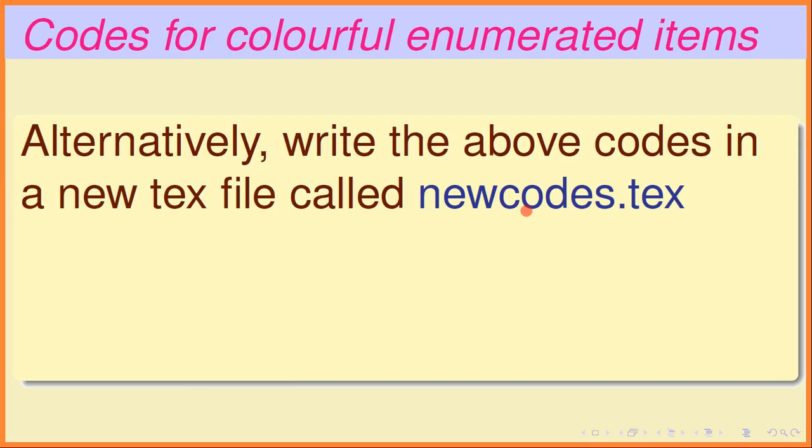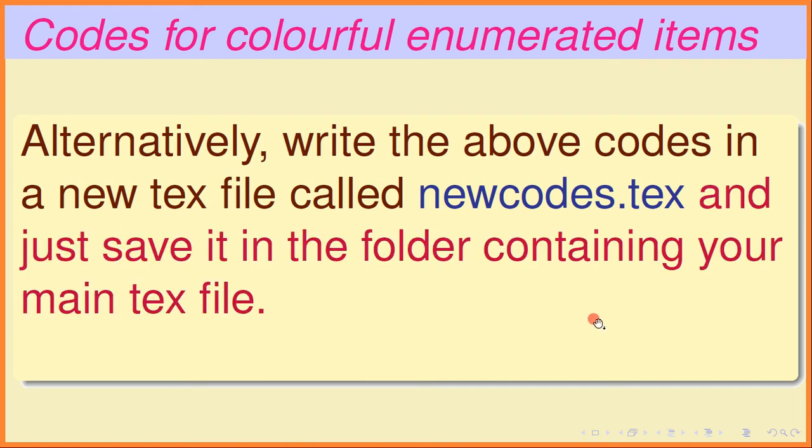Alternatively, write the above codes in a new text file called newcodes.tex. You can open a new text file using TeXMaker or TeXStudio or anything else, open a blank file and then simply write the above codes in that file and call that file newcodes.tex, or you can name it any other thing.